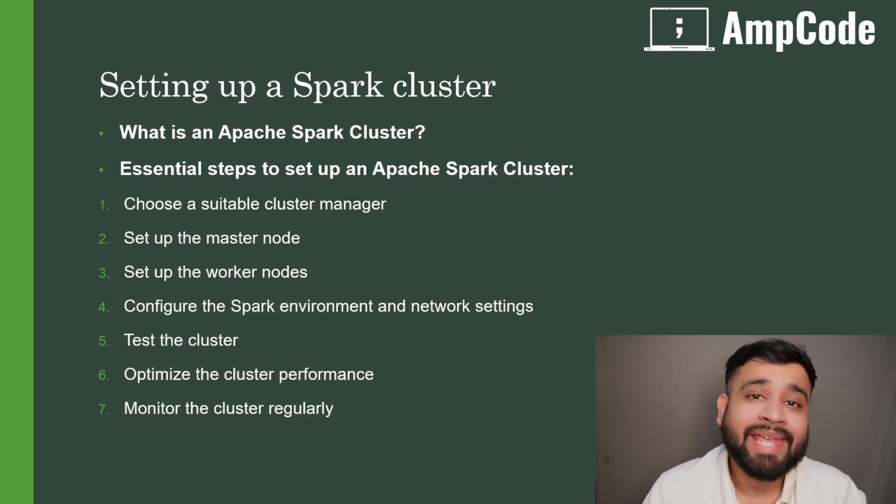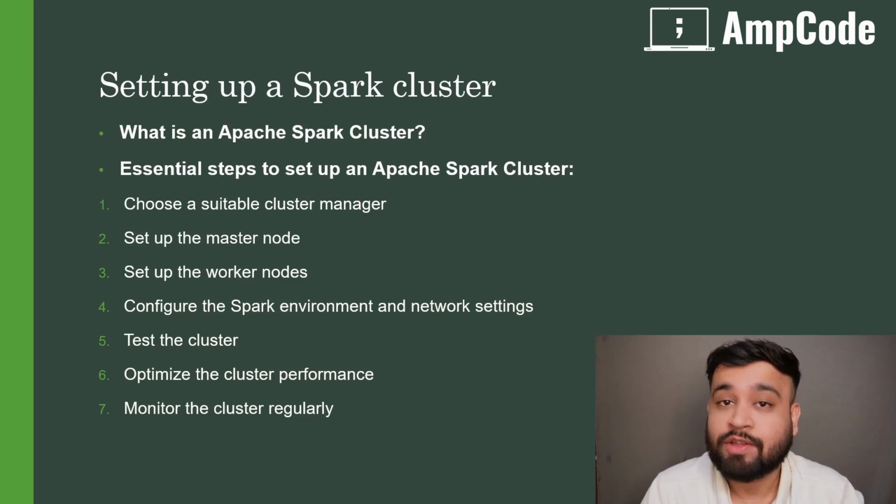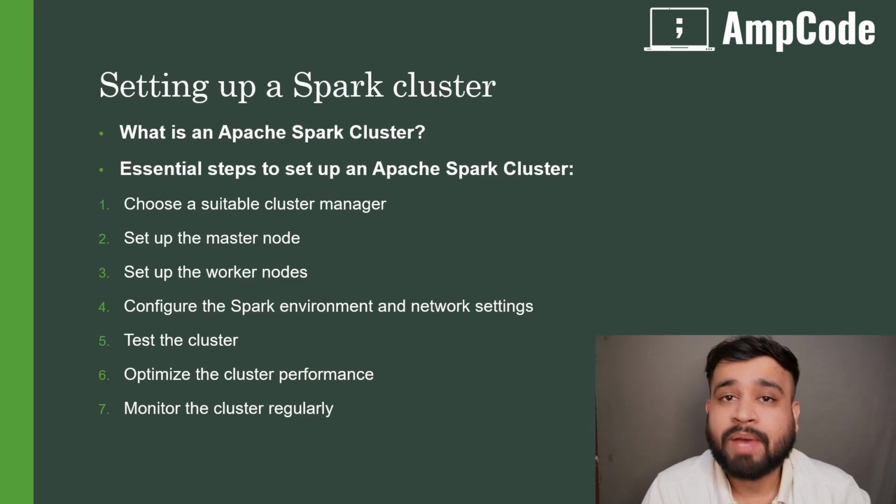Then you will be able to kick off your master program, or start your master node, from the sbin directory. In the sbin directory there is a file known as start-master.sh which will kick off your master node in your Spark cluster.